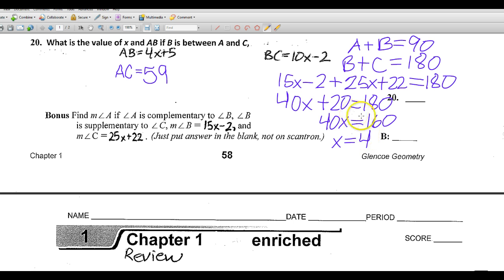Let's go back to the problem, see what it's asking for. Find the measure of A if A is complementary to B. So now we have to take it back to this equation right here. So we need to know what B is. So B is 15x minus 2.